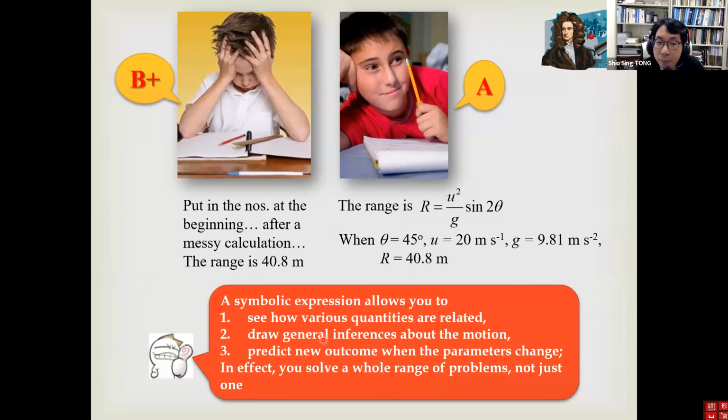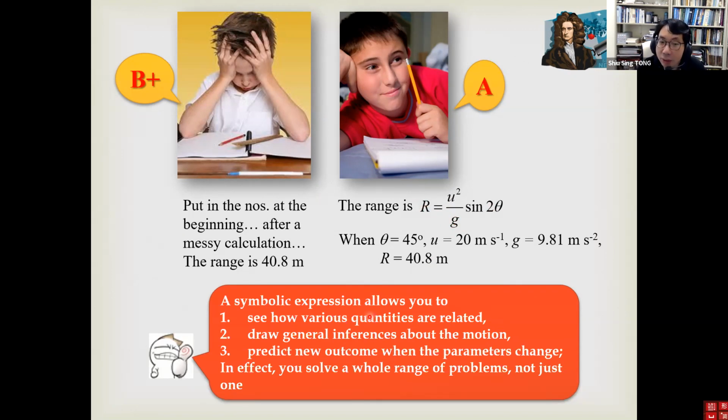So you immediately know the dependence. That allows you to draw the general inference about the motion: how the R depends on U, depends on theta, and depends on G. If somebody asks you, how about doing this experiment on Mars, on the surface of the planet Mars, but not on Earth? You can look at the acceleration due to gravity on the surface of Mars, substitute it into this place, and you get the range on Mars easily.